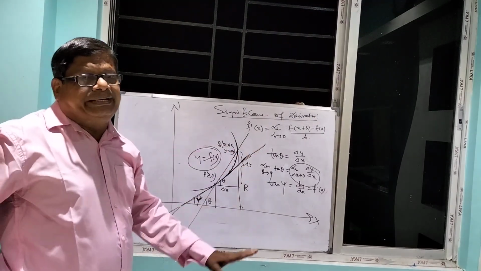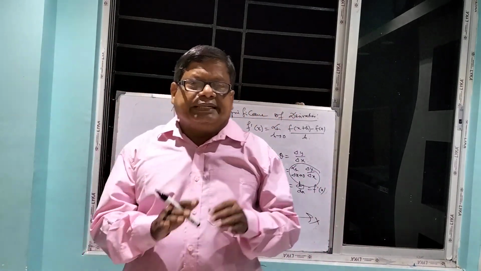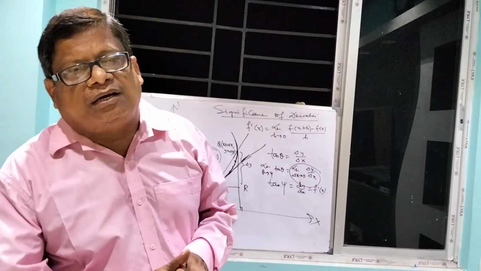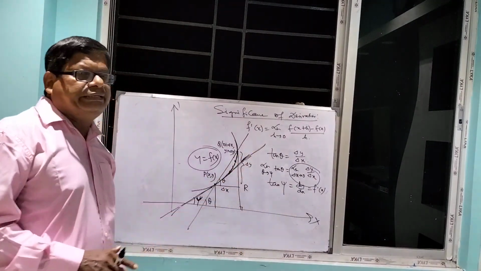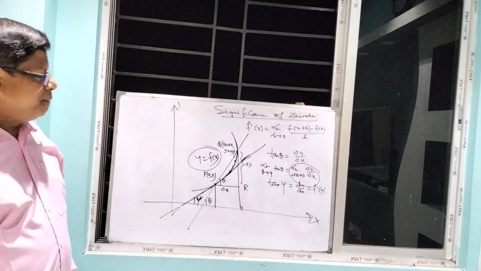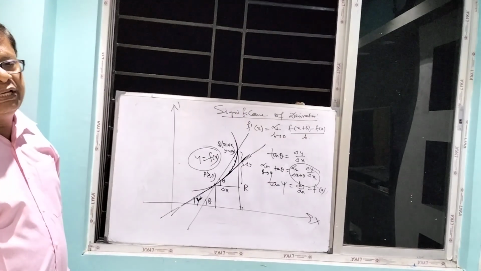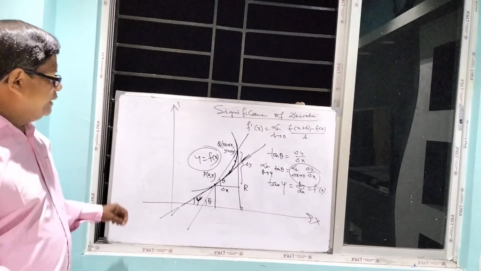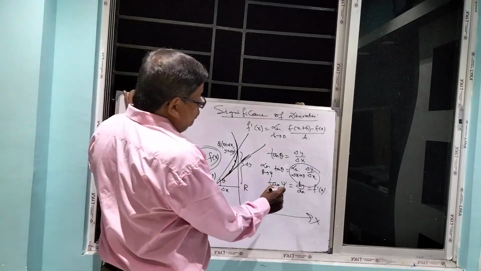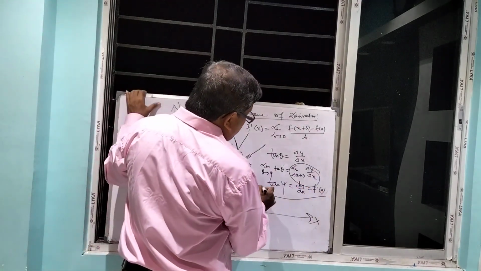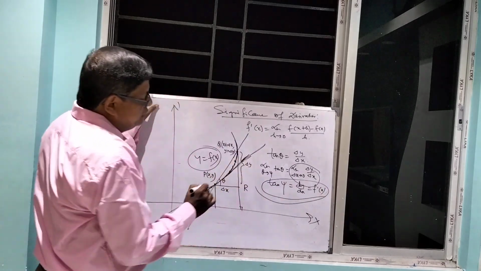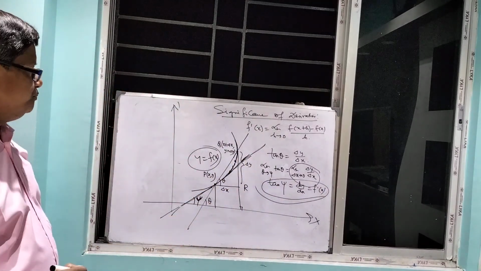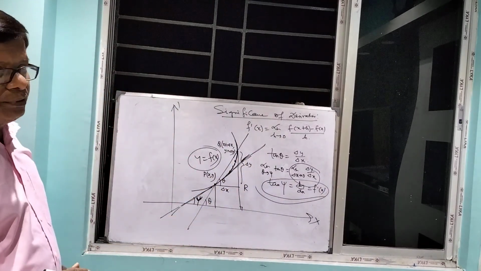That is, dy/dx represents the gradient of the tangent line of y equal to f of x. That is denoted f dash x equal to dy/dx. So all of you remember this one.